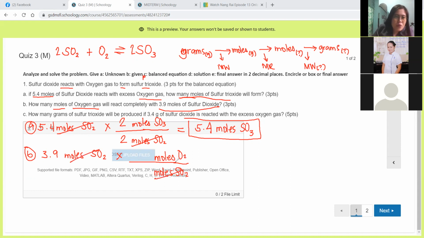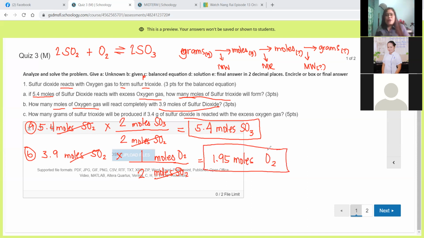So what's our mole ratio? 2 moles of sulfur dioxide react with 1 mole of oxygen. So what is your answer? 3.9 divided by 2 is 1.95 moles of oxygen needed to react with the 3.9 moles of sulfur dioxide. So that's for letter B.